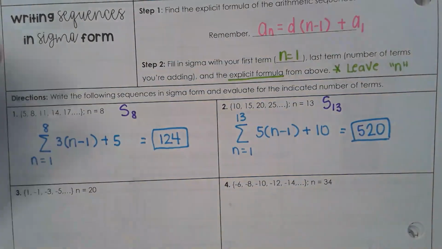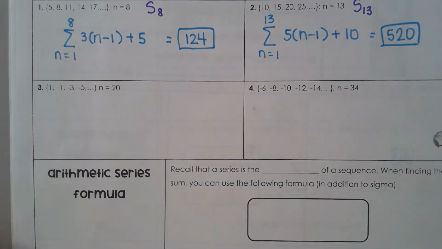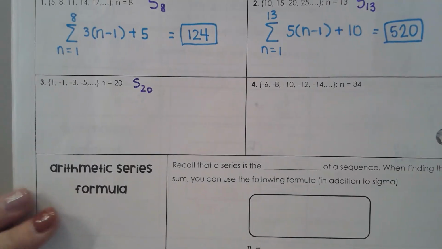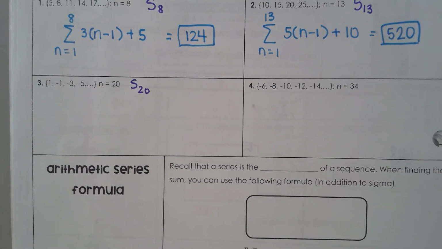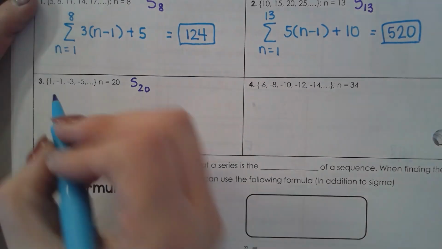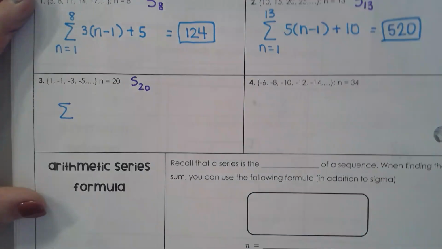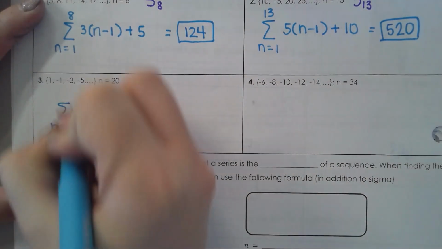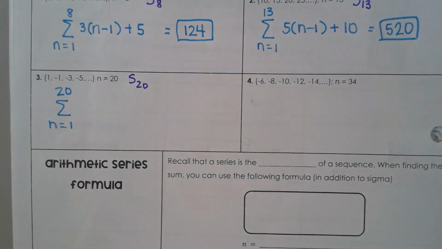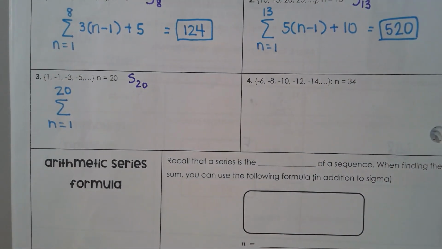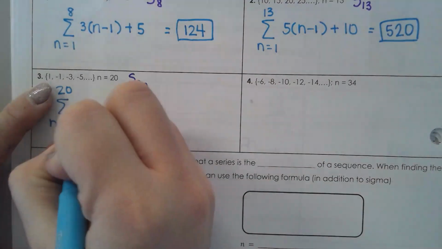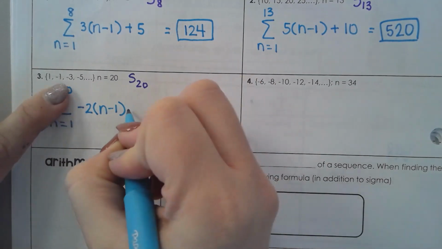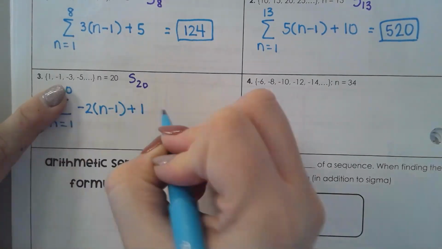All right, number 3. I'm finding S20. We've got sigma from n equals 1 to 20. What's my common difference? Negative 2. And then n minus 1 plus 1.